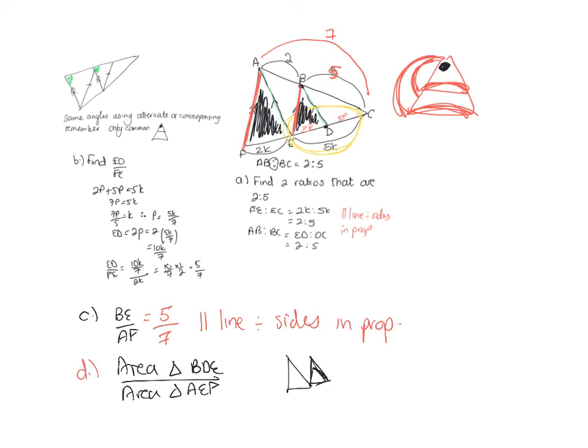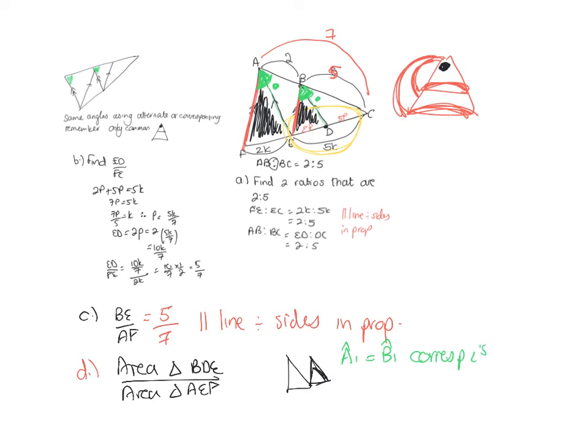But what you can see, we can see that that angle A and that angle B are corresponding, and we also know that that angle there and that angle there are corresponding. So you can say angle A1 is equal to angle B1 because of corresponding angles. Okay, so you could have explained it in much more detail.